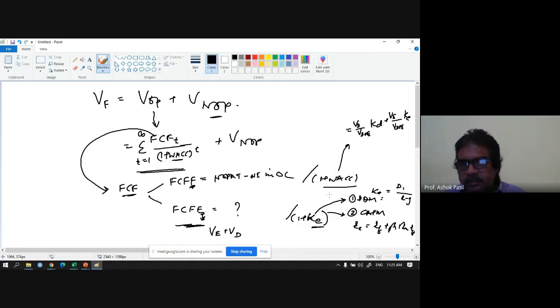So KE can come from here. KD will be available from the income statement or balance sheet. There are different methods to calculate KD.